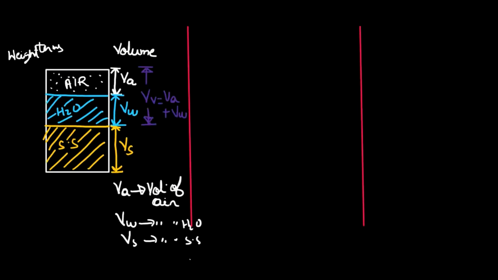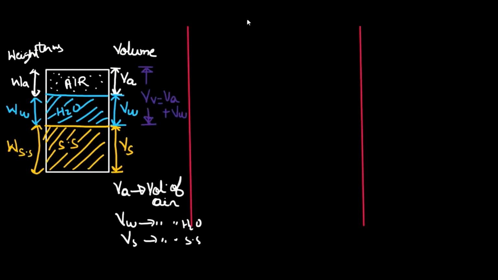On this side we have presented weight, so from this point to this point, this is my weight of air. Similarly from this point to this point, this is my weight of water. And similarly from this point to this point is my weight of solids, or you can say soil solids.